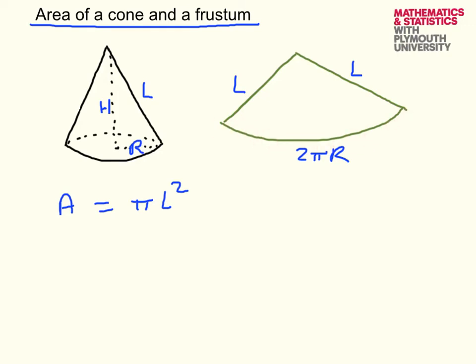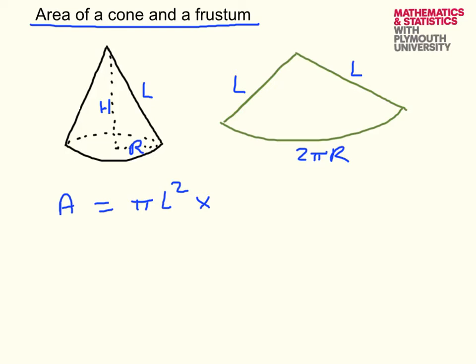We have a fraction of it, so all we need to do is to take this area and multiply it by the fraction. If we have the whole circle, we multiply it by 1. If we have half the circle, a semicircle, we multiply it by a half, etc.